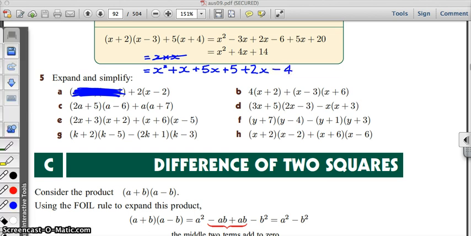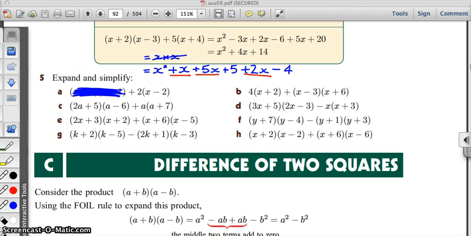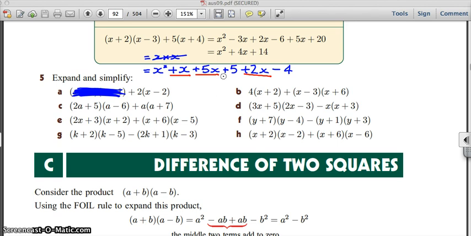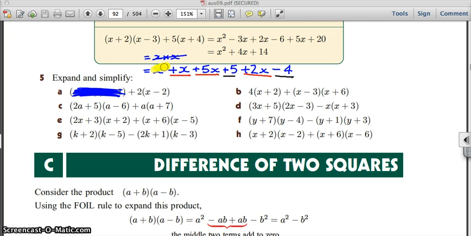And then we collect like terms. So this is on its own. There's nothing else that's x squared. But this and this are all like. And this and this are alike. This one is on its own.